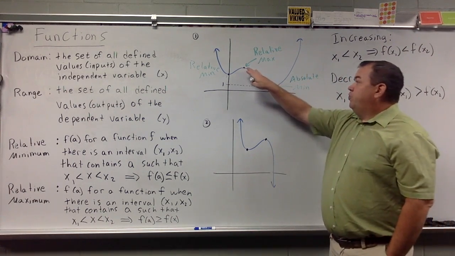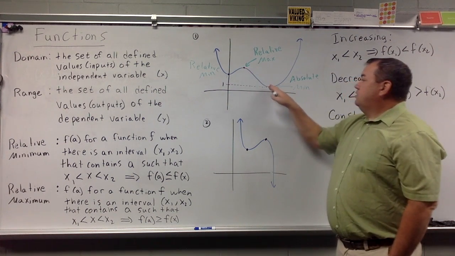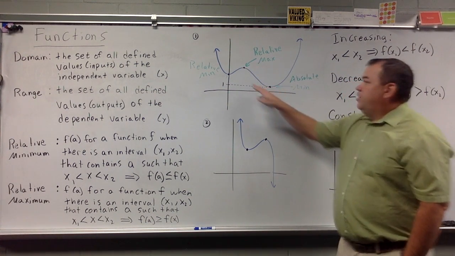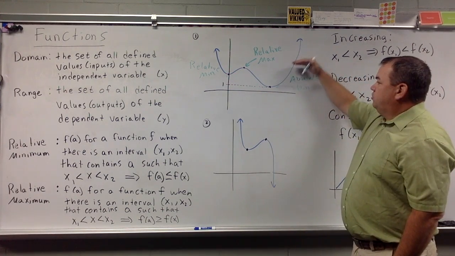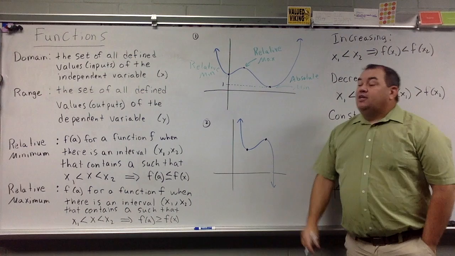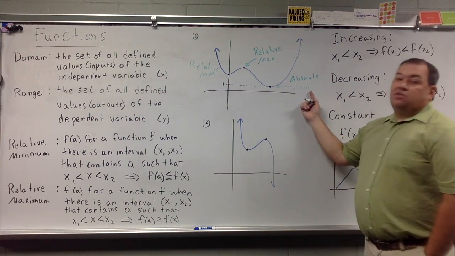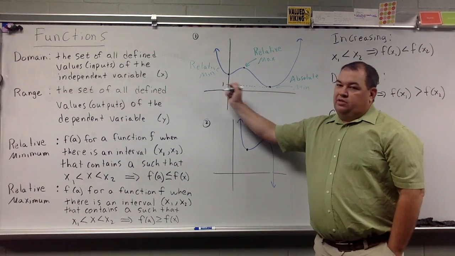It is the highest point in this area. This is the lowest point in this area. This is the lowest point in this area. This one just happens to be also the lowest point in the whole graph. Sometimes you will have an absolute, sometimes you will only have relatives.